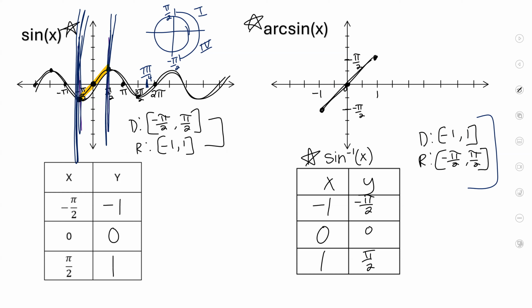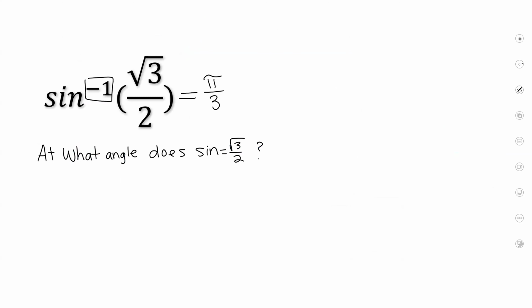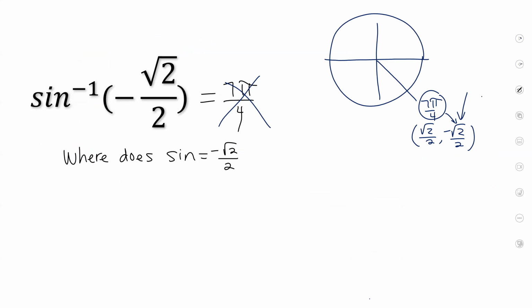So where is sine negative square root of 2 over 2 within the restriction that I gave you? Exactly. Did you say negative pi over 4? Okay, so it should be negative pi over 4, because you're looking between negative pi over 2 and pi over 2. So this location is negative pi over 4. This location is positive pi over 4. So this should be your answer.